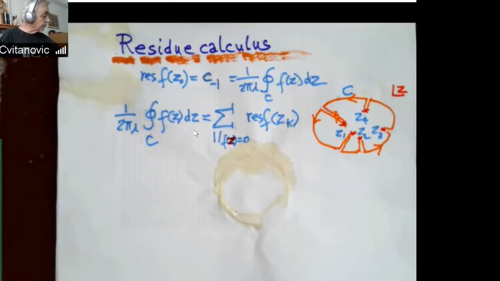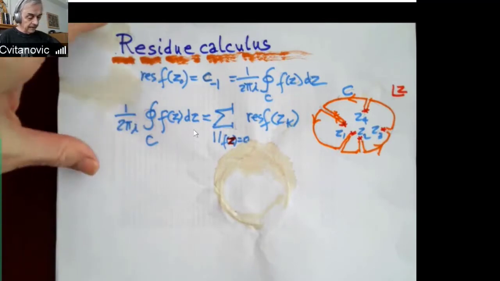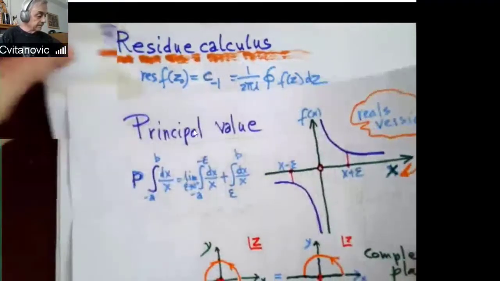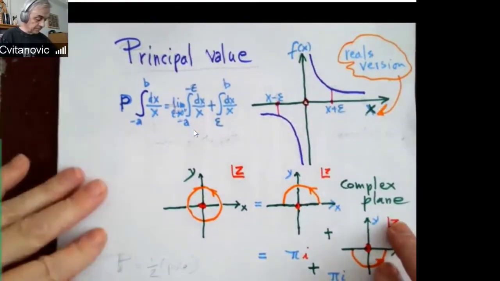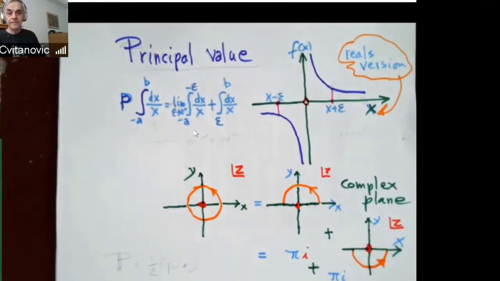And there are a few tricks. I did some integrals already using this technology. And here are a few things that in applications you often get exposed to. One of them is called principal value. So principal value integral has 2 versions.